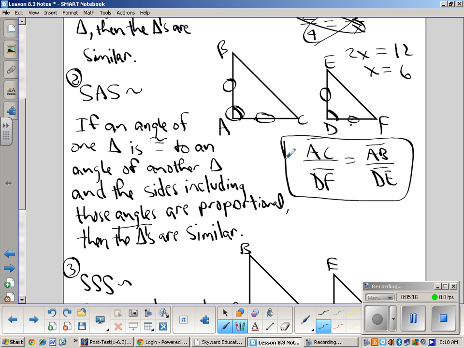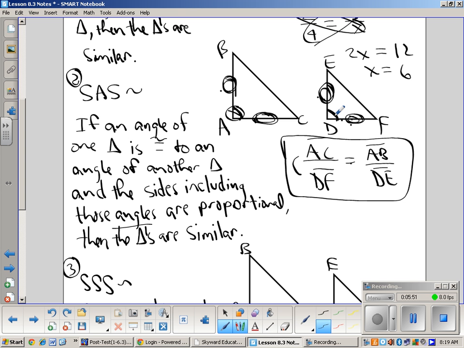And this statement says that AC is to DF, that's what this says, as, we read the equal sign as AB is to DE. And so this is saying these two sides of this triangle are proportional to these two sides of this triangle, and we know the angle between those two sides are congruent, then that's enough information to say that the triangles must be similar. Okay?